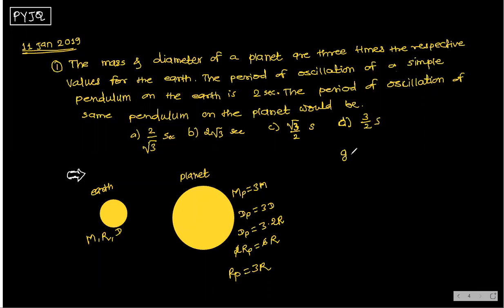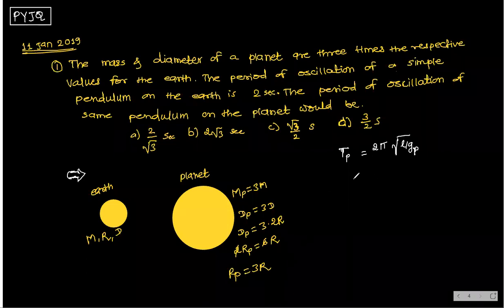Now first find out g on planet. The time period on the planet is 2 root 3 seconds, equal to 2 pi under root L by g on planet. 1 minute, this is not g, this is time period, right? So the time period on the planet is equal to 2 pi under root L by g on planet.